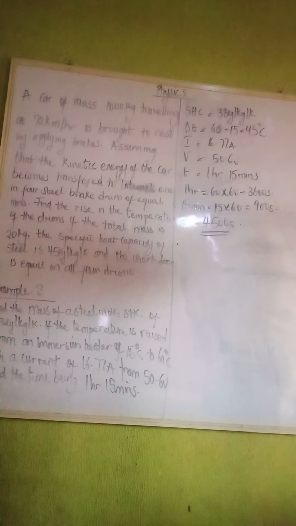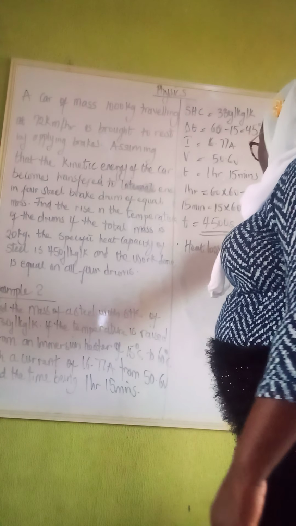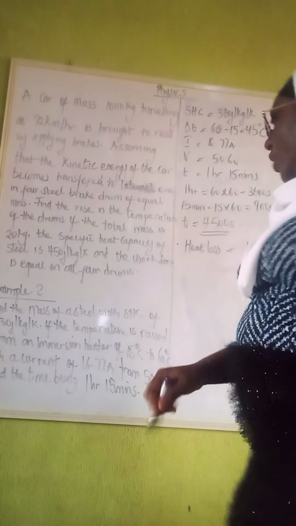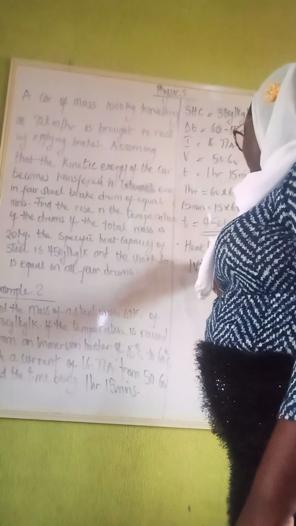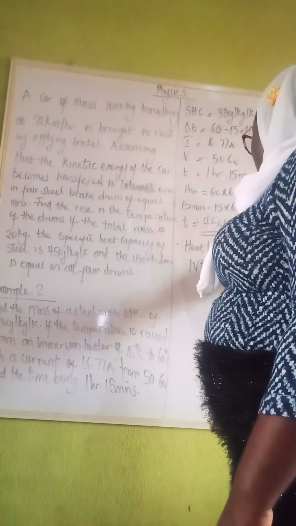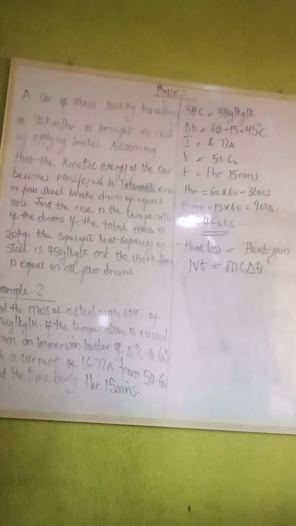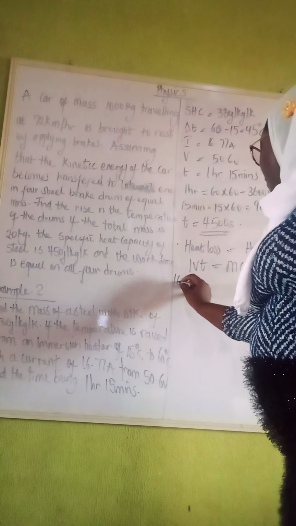So let's go back to the question. Remember here that heat loss from the heater equals heat gain by the steel. So here now, where is the heater? Because current is involved, that will be IVT equals the heat energy. So here, what is our current? 16.77.